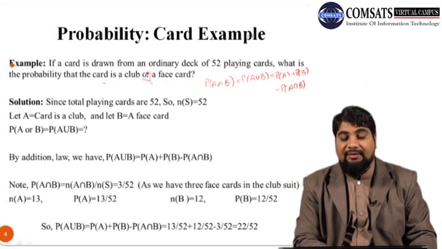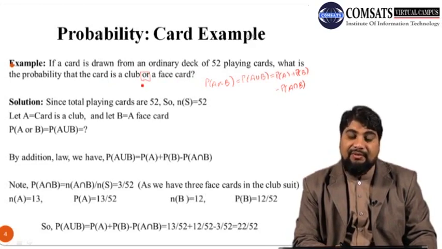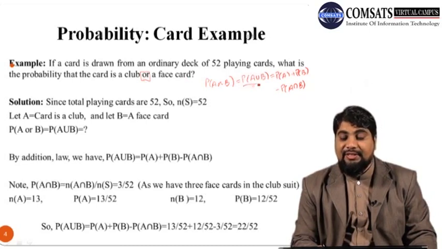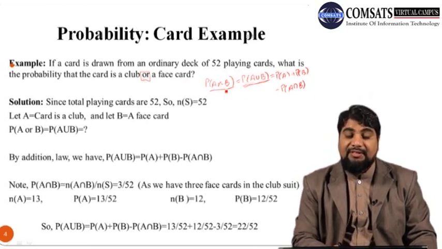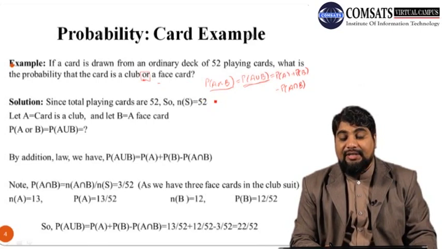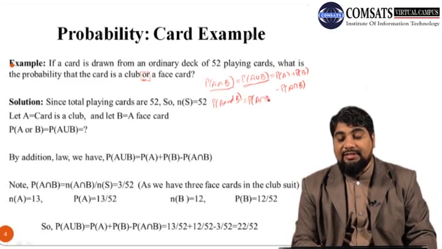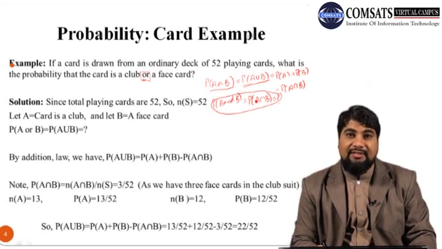Whenever we have "or" between two statements or two events, we need to use A union B, or A or B. But if in a certain question we have "and" instead of "or", then we are interested in the probability of A intersection B. So "or" stands for union and "and" stands for intersection.